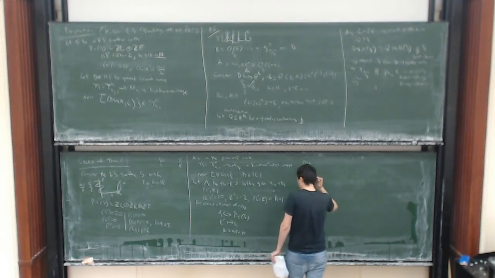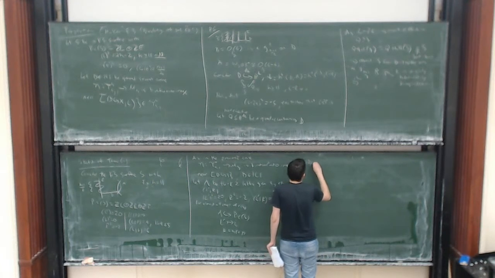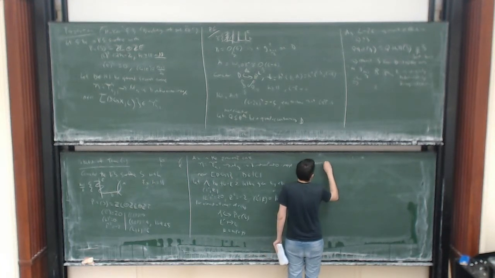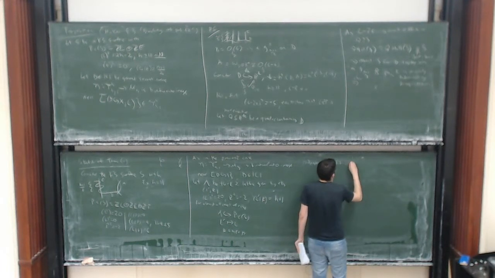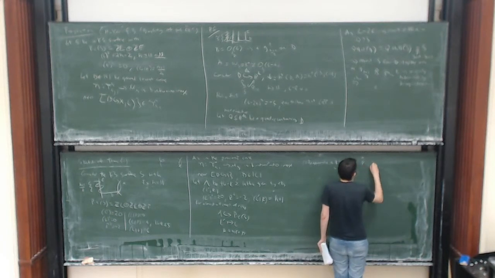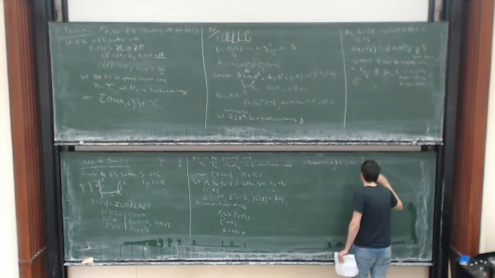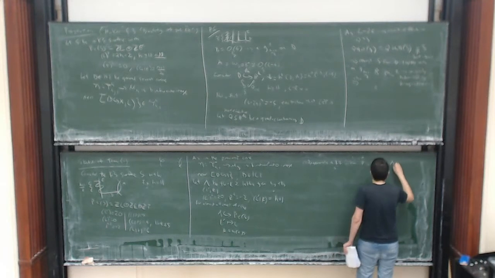So we degenerate K3, I call this S prime, with Picard S prime isomorphic to lambda.